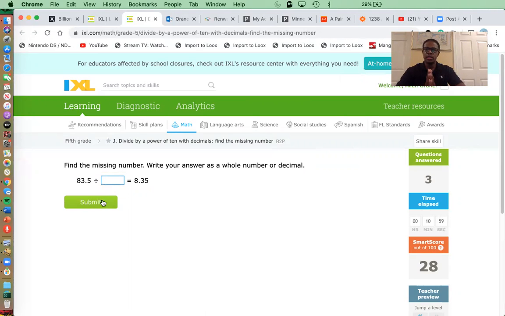If we're dividing, we'll move the decimal point to the left. If we're multiplying, we'll move the decimal point to the right. And every power of 10 is one movement. So if we divide by 10, move the decimal once to the left. If we divide by 100, move the decimal 2 times to the left. If we divide by 1,000, move the decimal 1, 2, 3 times to the left.